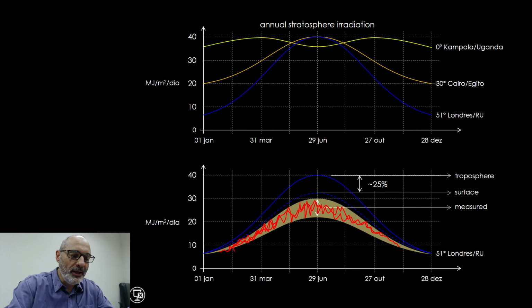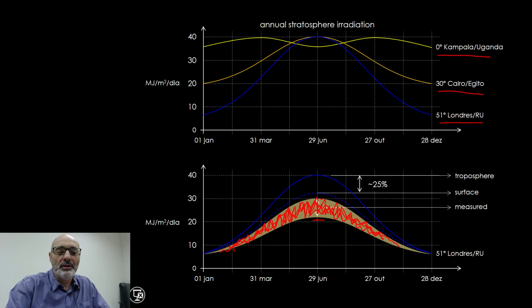And if you measure for many, many years, you're going to have a kind of a filled cloud here, showing you the statistical maximum and statistical minimum here. Okay, just to show you how energy is being, let's say, corroded or depleted due to atmospheric absorption and also due to clouds and so on.